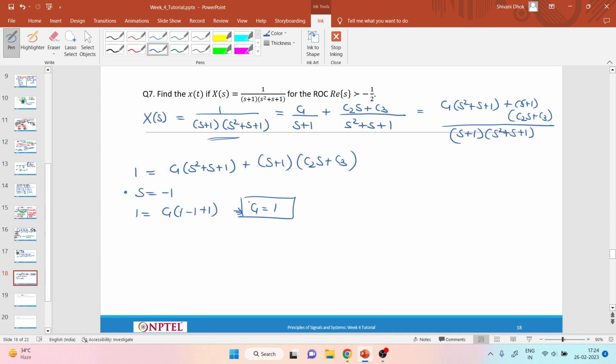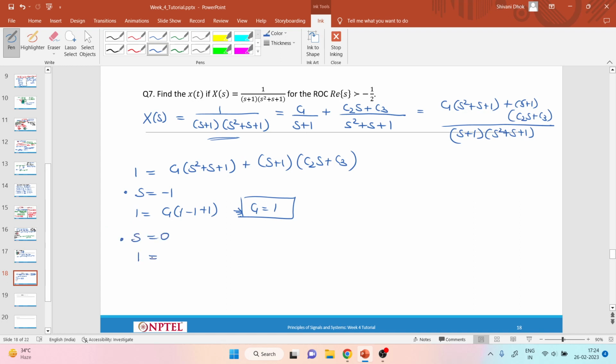Now let us try to find the value of c2 and c3. Let's do c3 first. So for c3 we'll try to kill this c2 term, and since we have the value of c1 we can easily substitute it and find the value of c3. So for that let us say I am having my s is equal to 0.